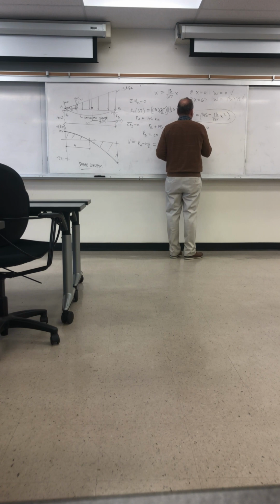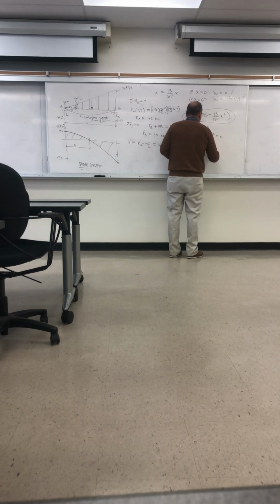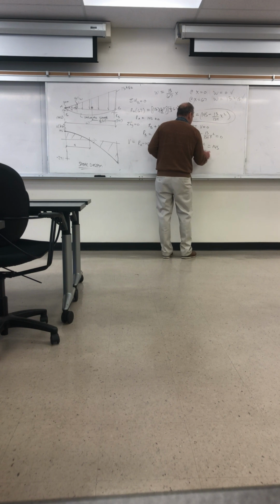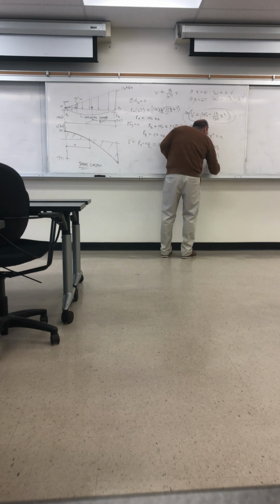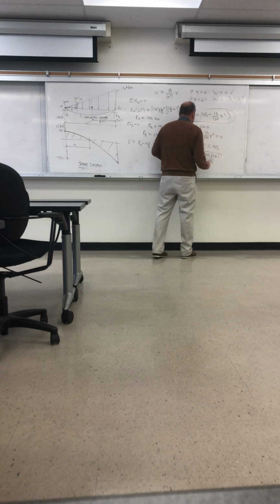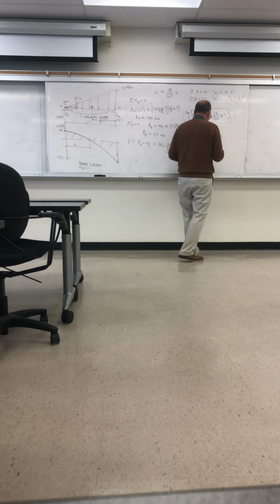So we have 145 minus 13 over 134 x squared equals 0. So you get 13 over 134 x squared equals 145. And x then is the square root of 145 times 134 over 13, which gives me 38.7.